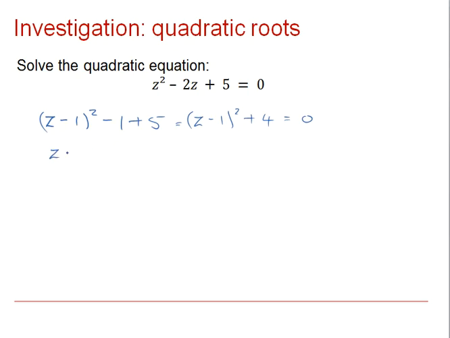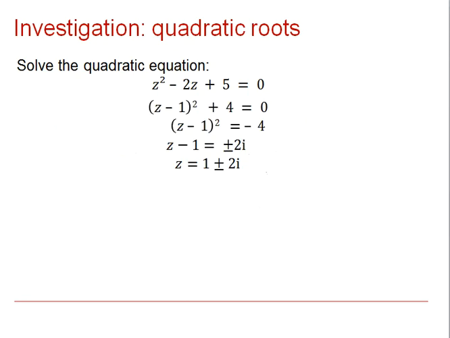Rearranging this, we find that (z minus 1) squared equals minus 4, thus indicating we're going to be finding complex conjugate roots because we are going to be square rooting a negative number. This leads to z minus 1 equals plus or minus 2i, and z therefore equals 1 plus or minus 2i, giving us our two complex conjugate roots.